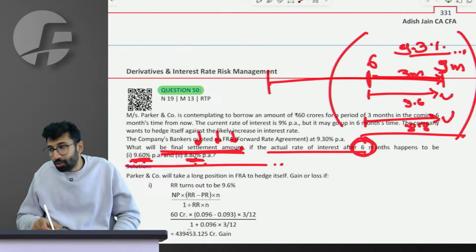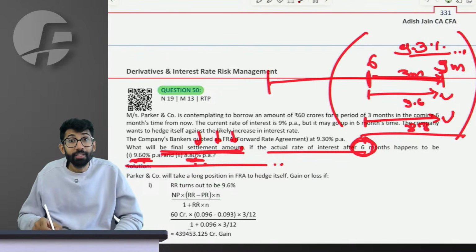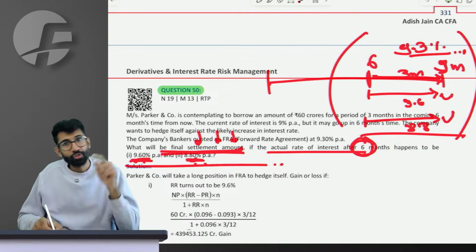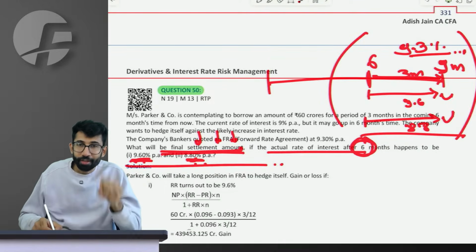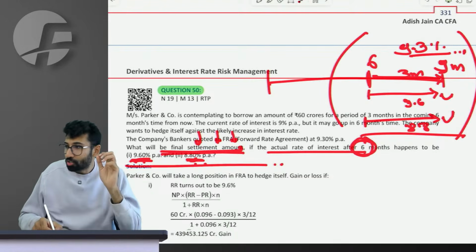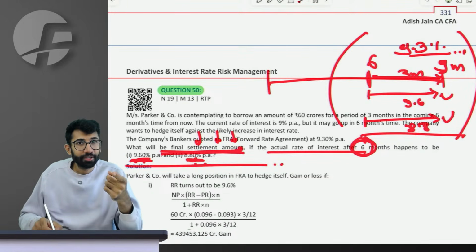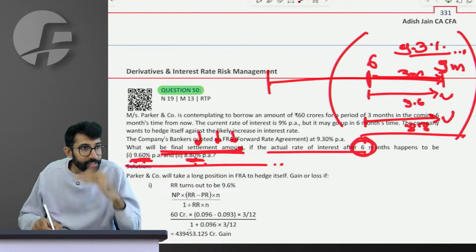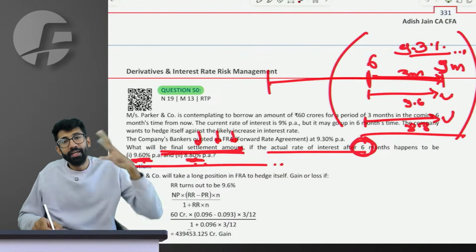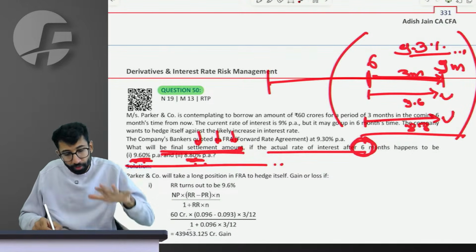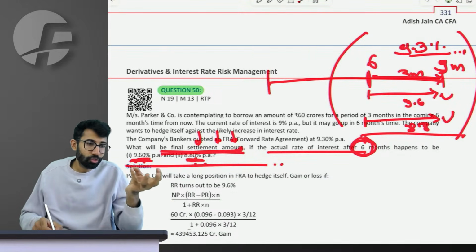Can you all please apply the golden rule and tell me what position you should take as a borrower? As a borrower, I should borrow in the derivatives also as per the golden rule. Just a reminder, for those who have not watched the derivative video, the golden rule is not something the institute has given to us. It is something we have created on our own in the class, which applies to IRRM, derivatives, and forex.